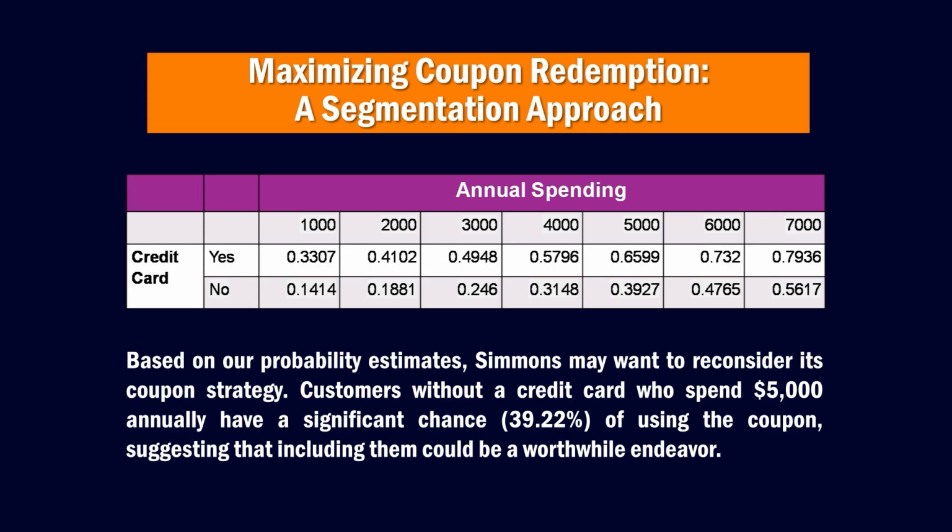So they may want to reconsider their coupon strategy, and the customers without a credit card who spend $5,000 annually, they have a good chance, 39.22%, of using the coupon. So they can also change their strategy for the customers who don't have a credit card and who are spending $5,000 or more, to give them coupons also.